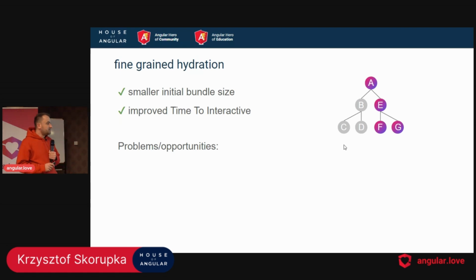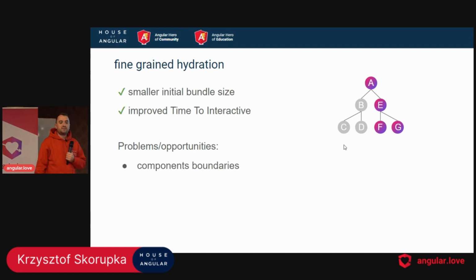There are some problems that can in fact be turned into opportunities, which need to be solved in this space. The first of which is component boundaries. Some of the frameworks do not have clear boundaries between the components, but in Angular we are pretty much covered when it comes to this, because we have the selectors that identify our components.